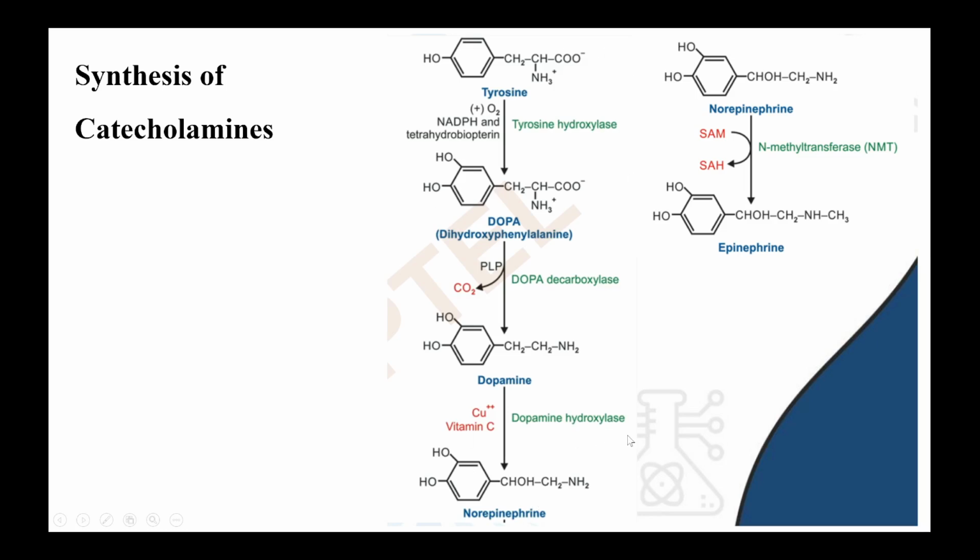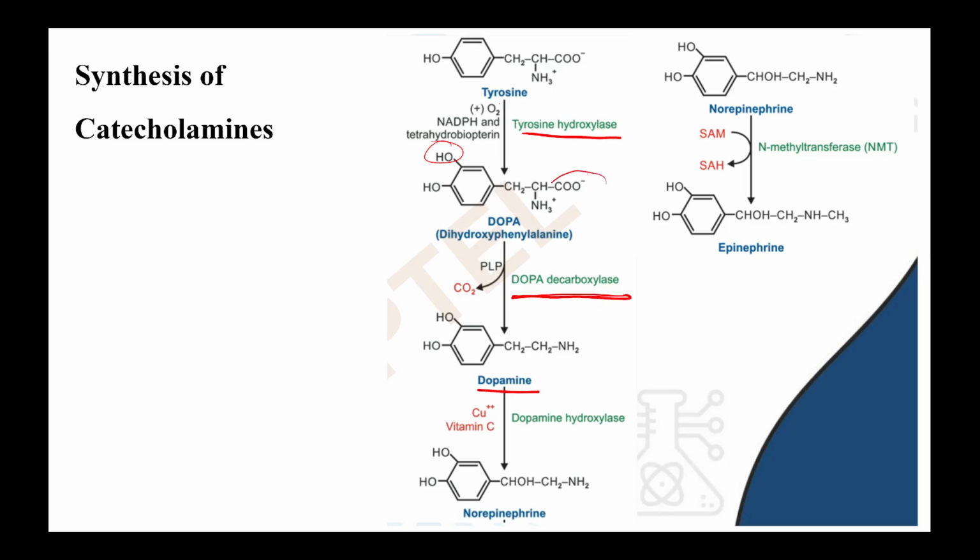So this is the whole pathway of catecholamine synthesis. Tyrosine is converted into DOPA by tyrosine hydroxylase, where one OH group is added. After that, the enzyme DOPA decarboxylase decarboxylates DOPA to form dopamine.